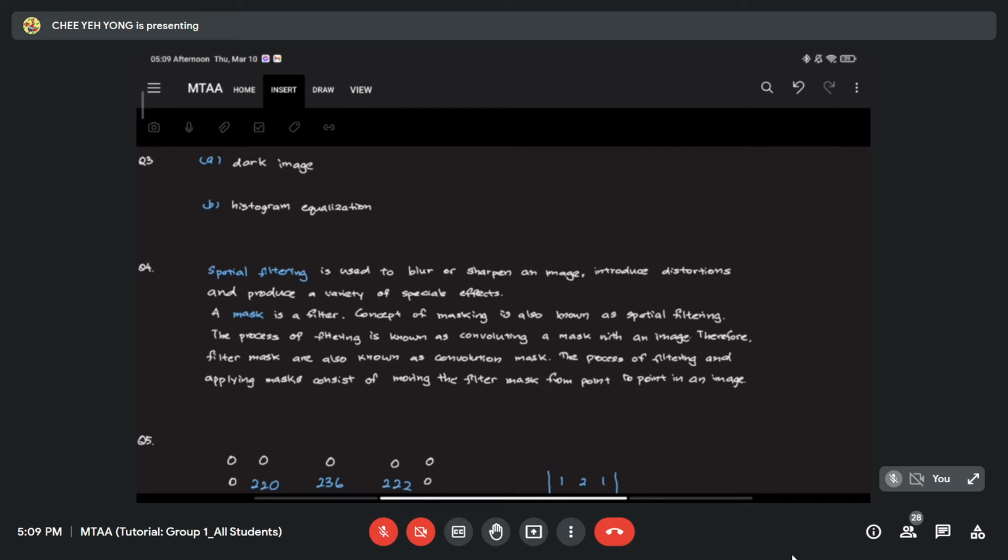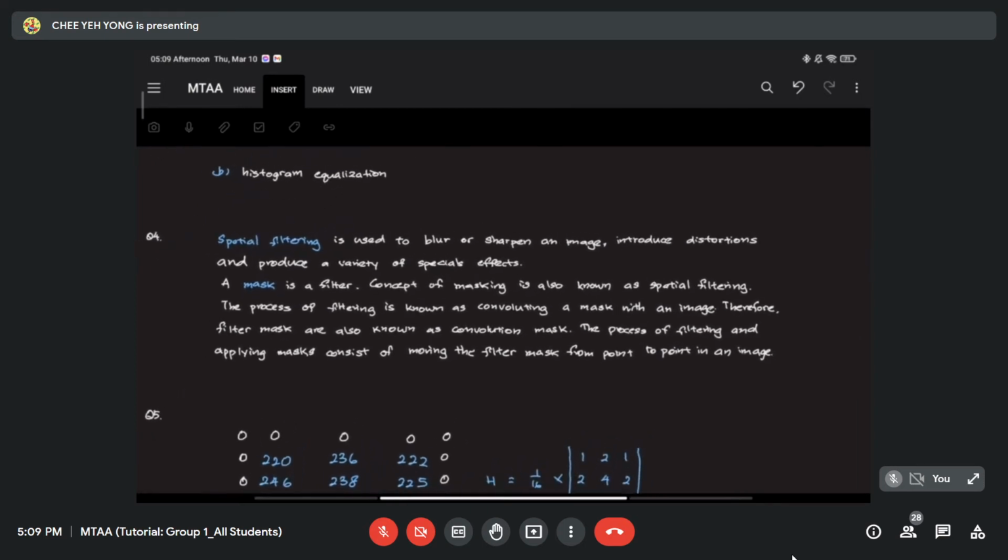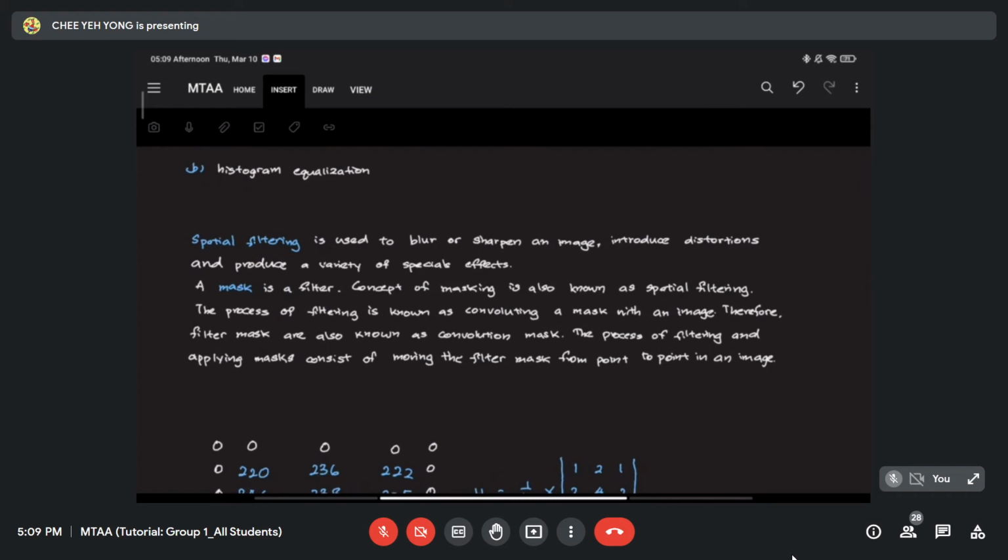is correct, but sometimes I would give my answer in a more flexible way. I would say it can be used, for example, in what, because spatial filtering has so many uses. Even I don't know some of them.